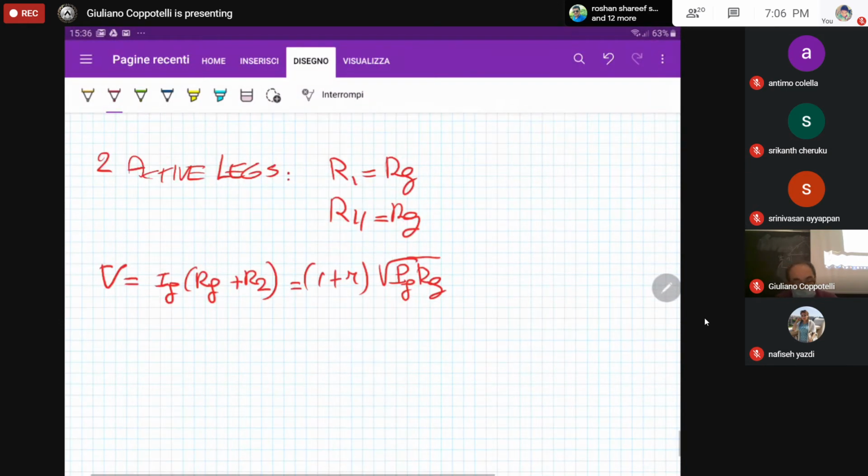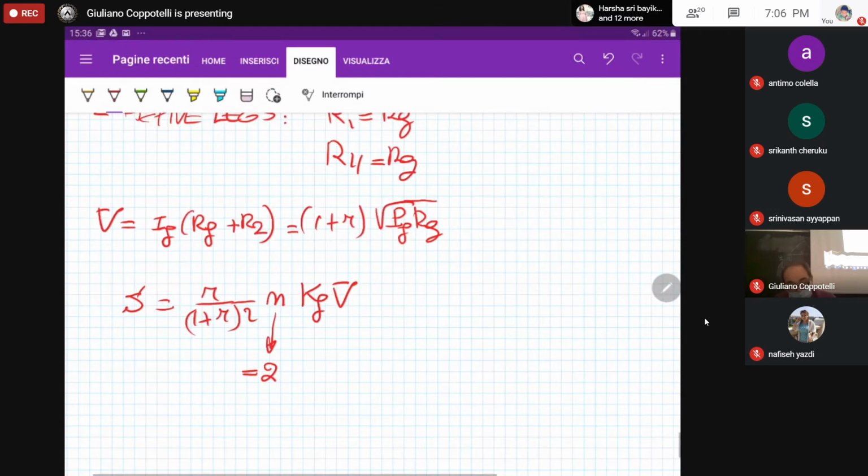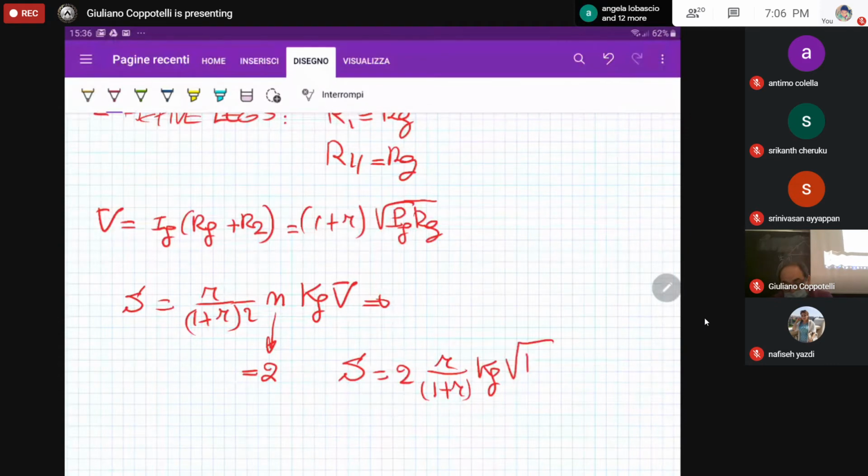Okay, so the sensitivity is equal to, once again, rewrite all the equations from the very beginning, and n is equal to 2. So the result is that the sensitivity is equal to 2r over 1 plus r, kg to square root of PG RG.